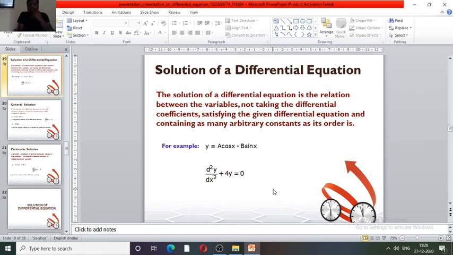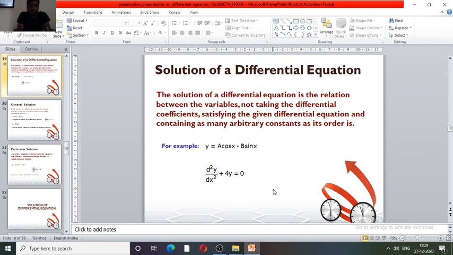In the case of the solution of a differential equation, we are given some differential equation. Our main focus is to find the equation or family of curves which satisfies the given differential equation. This given differential equation is either first order, second order, homogeneous, or non-homogeneous.